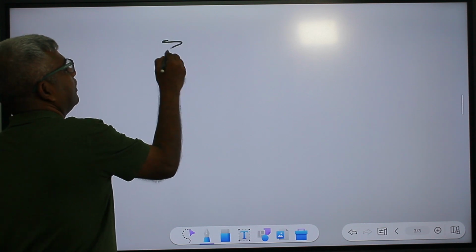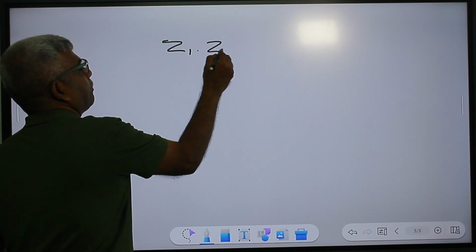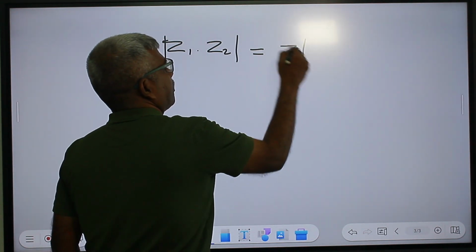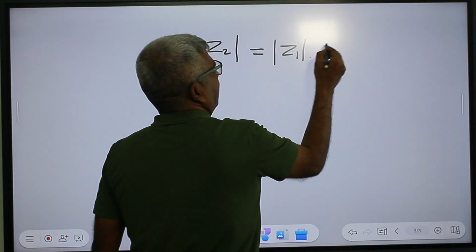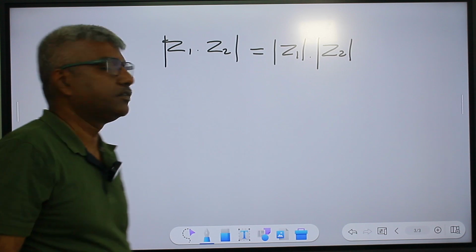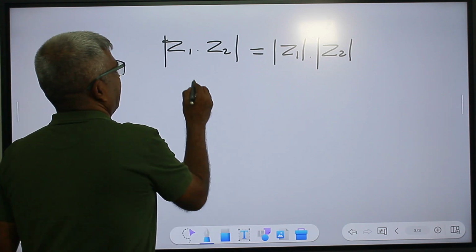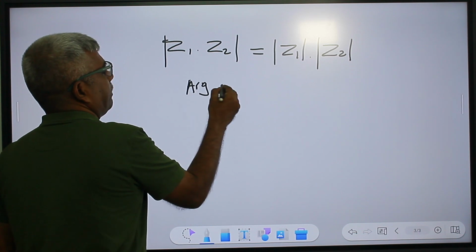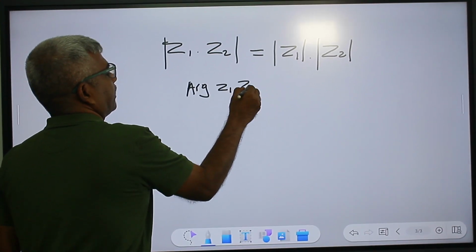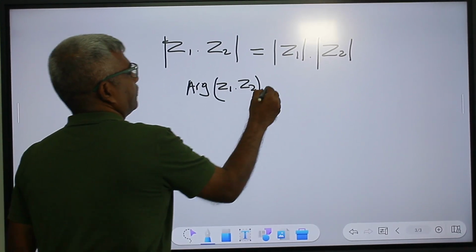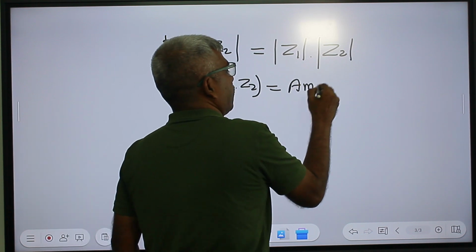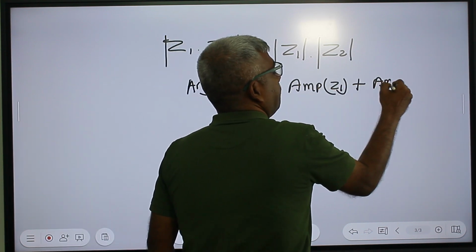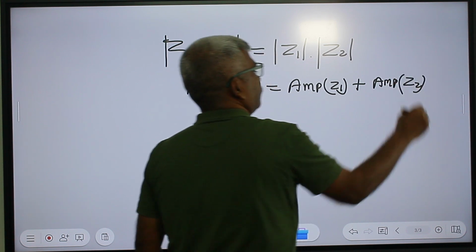Modulus of z1 multiplied by z2 is equal to modulus of z1 times modulus of z2. And argument, or amplitude, of z1 times z2 is equal to amplitude of z1 plus amplitude of z2.